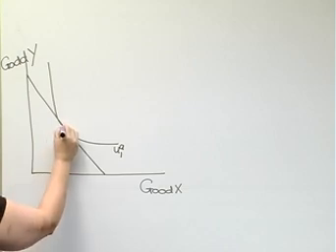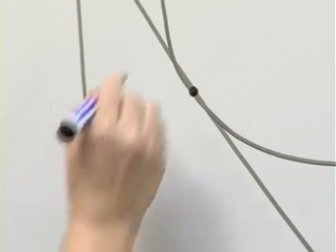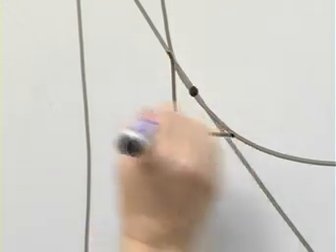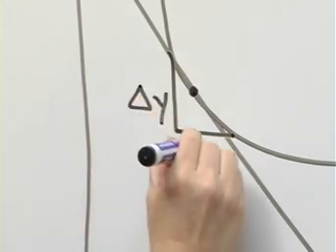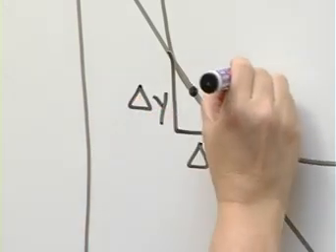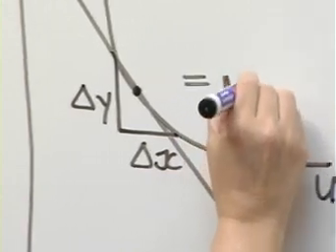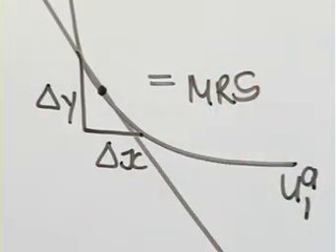And you also reach a certain point, and at this point again the slope will be equal to the change in Y over the change in X, and that will be equal to the marginal rate of substitution.